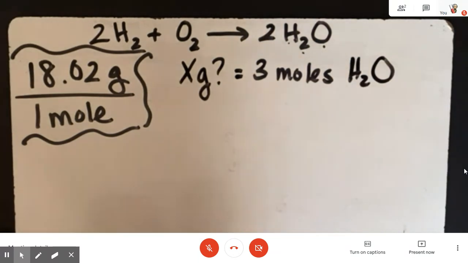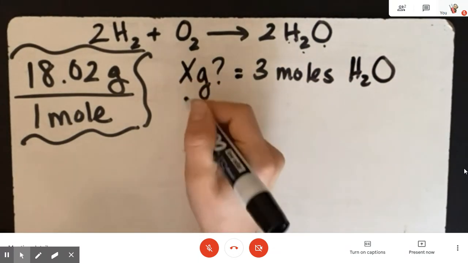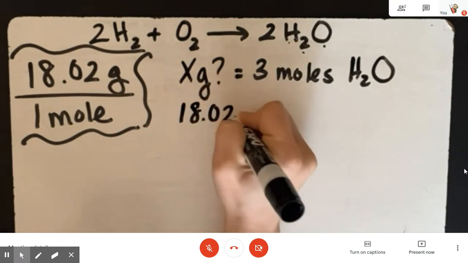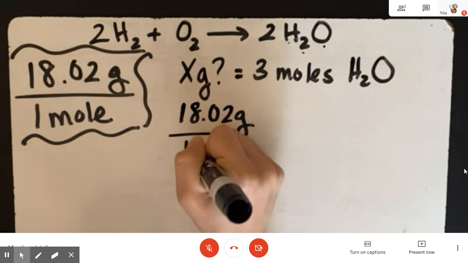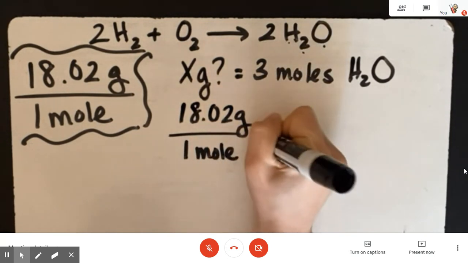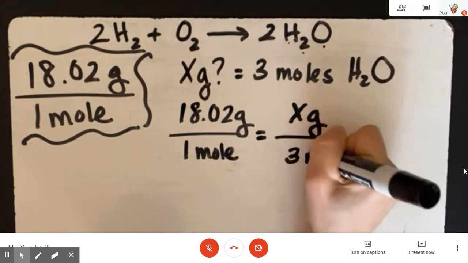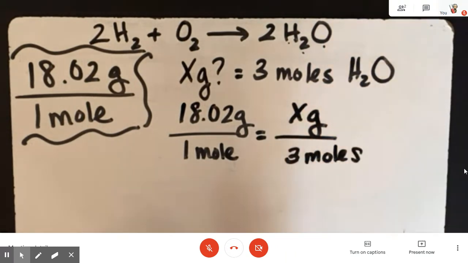So we could say, all right, well, I know that every 18.02 grams is 1 mole. So how many grams are there in 3 moles? And again, we just have to cross multiply and solve for x.